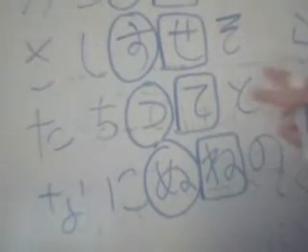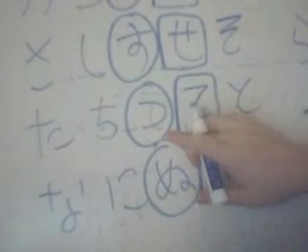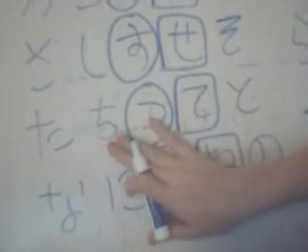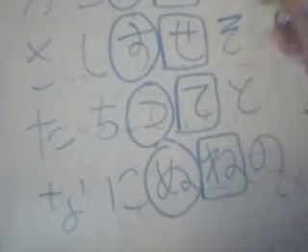The only one is te. To is to, tsu is tsu, chi is chi, ta is ta, and te is te. So it has the e in it. So it's going to be mate, materu.